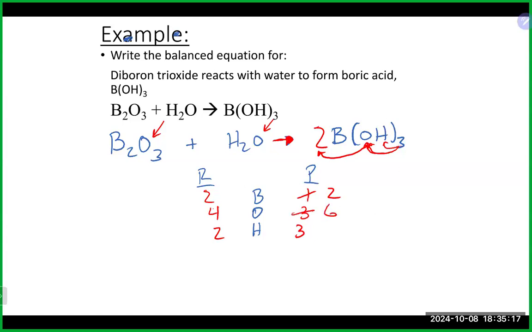Same thing for the hydrogen, 3 times 1 is 3, and then I got to multiply it over here to the 2 as well, which would give me 6. So again, the coefficient goes for everybody behind there, even if they're in parentheses, and you still need to obviously distribute what's in there. Any questions on that there? And again, what that basically means when you see the OH with the 3 is you got 3 of these, right?